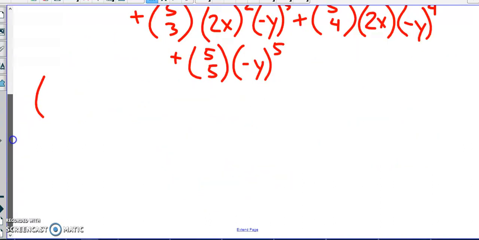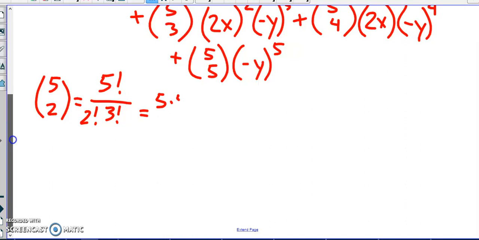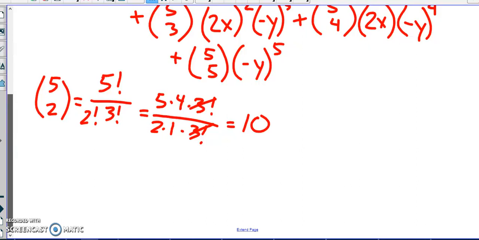So anyway, 5 choose 2 would be 5 factorial over 2 factorial, and 5 minus 2 would be 3 factorial. So that would be 5 times 4 times 3 factorial over 2 times 1 times 3 factorial. The 3 factorials drop, and you get 10. So that means that 5 choose 2 is 10.